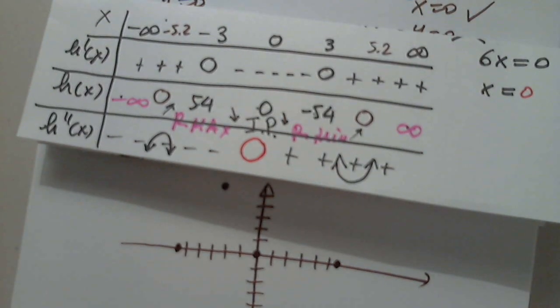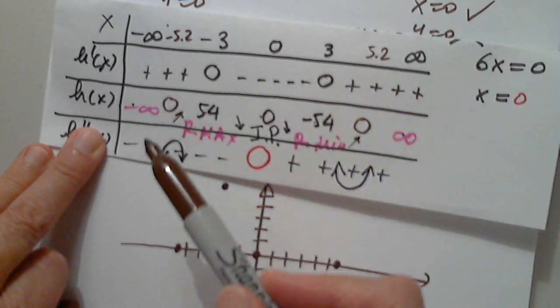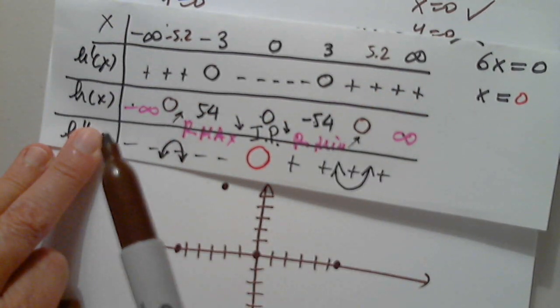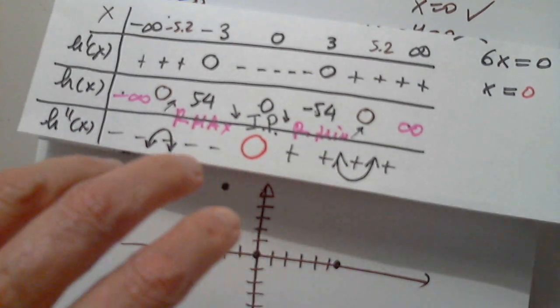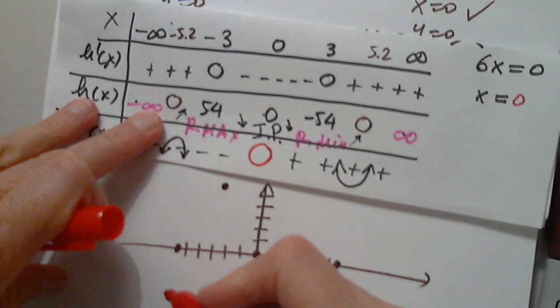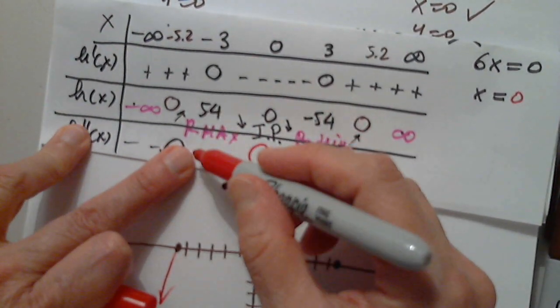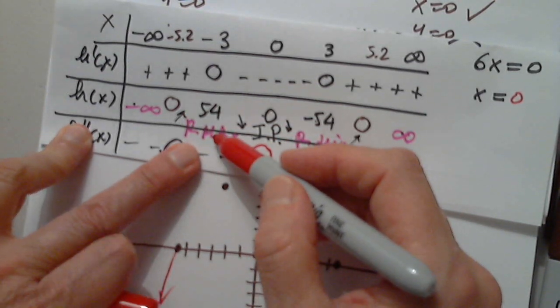Okay, so now, from negative infinity, opening downward, increasing to this point. Okay, fine. Continues to increase, still opening downward to the relative max.